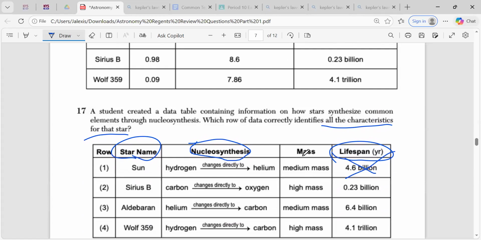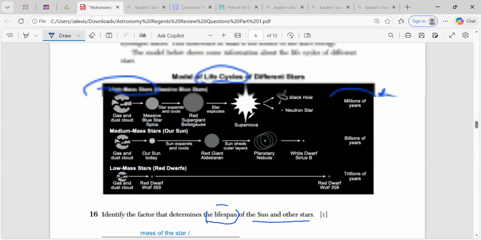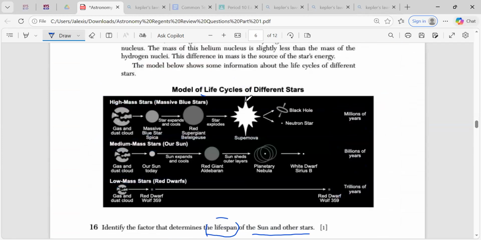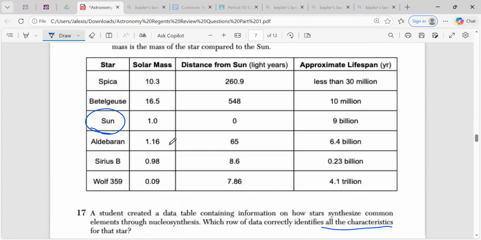I do remember these terms when I look right here in this model. Remember, we see high mass, medium mass, and low mass. And medium mass, like our sun, for example, represents a medium mass. So keep that in mind.